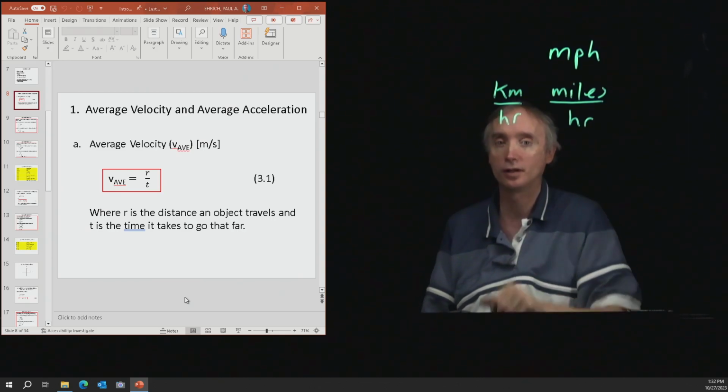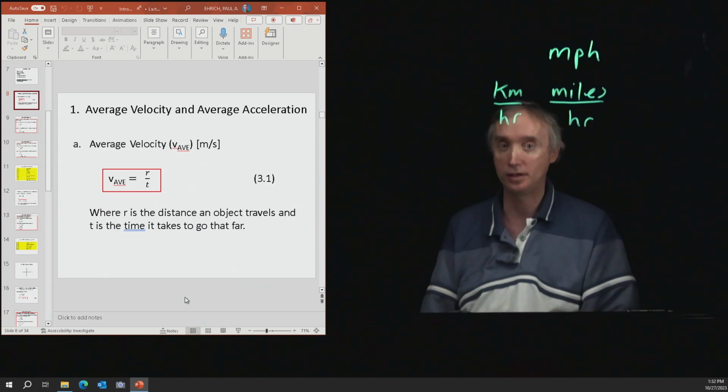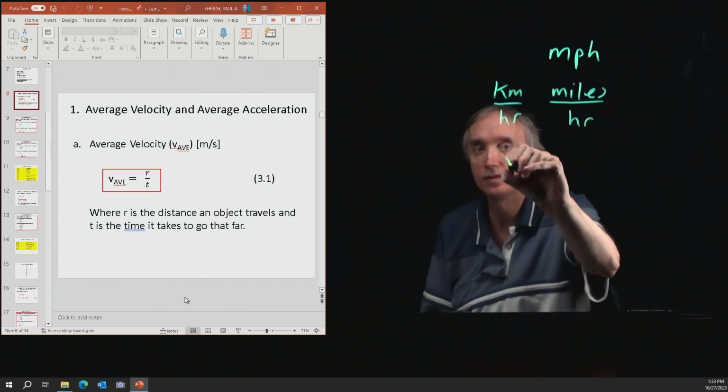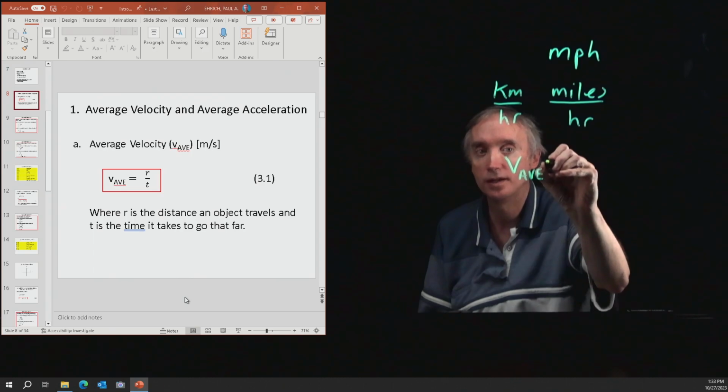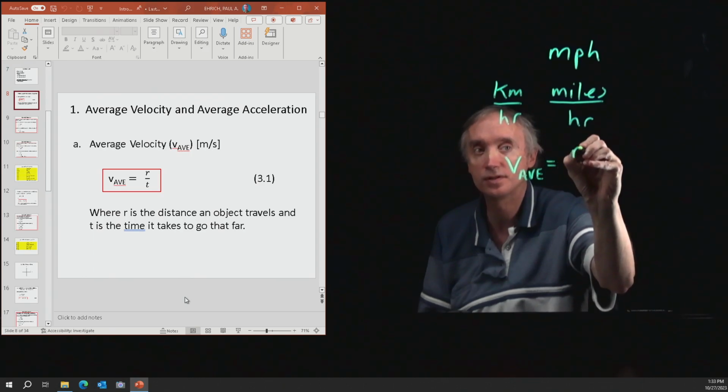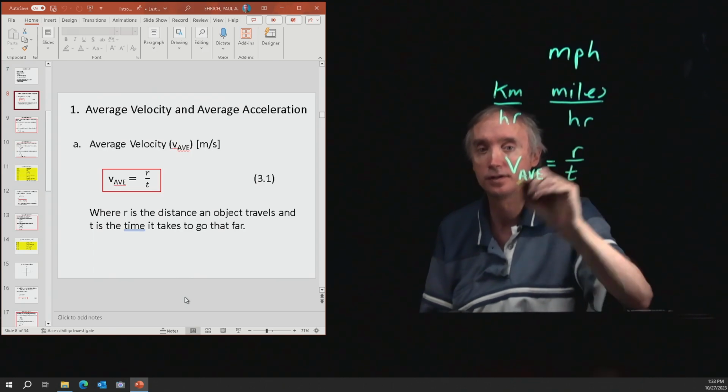So our formula for average speed is the distance you travel, r, divided by the amount of time it takes you to do that in. So your average velocity is equal to distance divided by time.